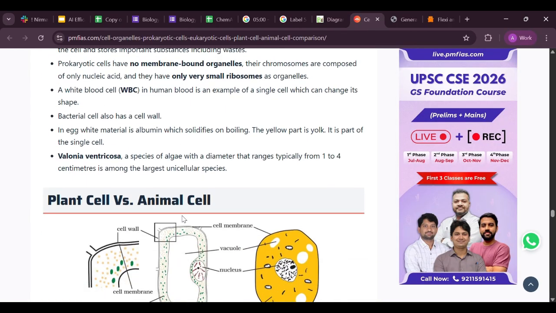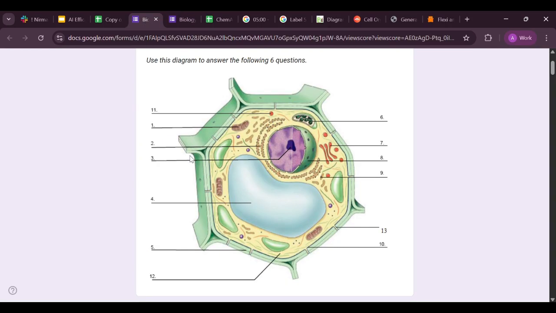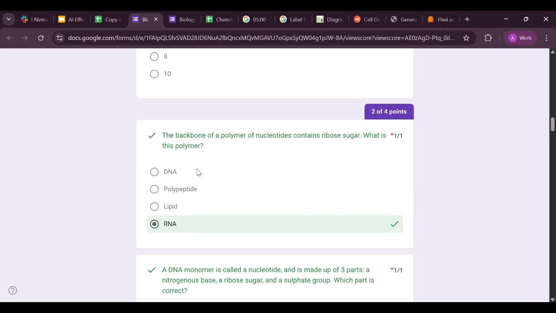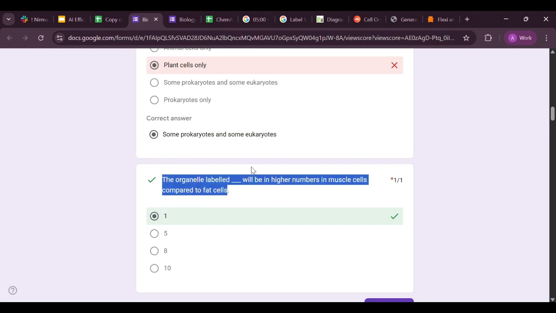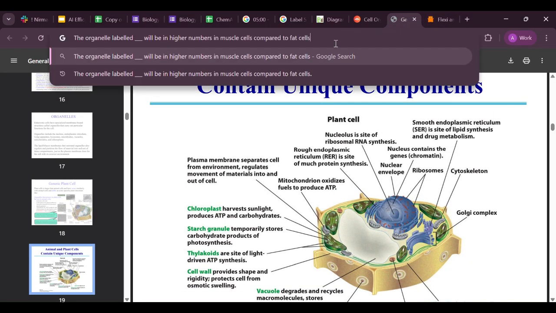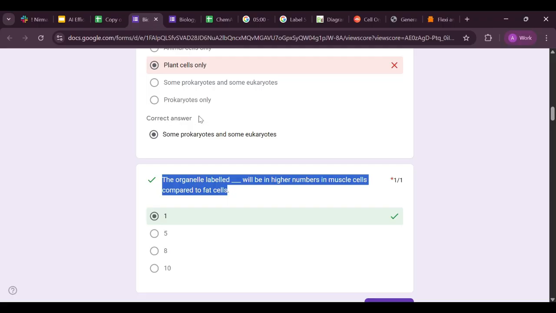Okay, we will search it on our own in Google. As we can see, it is mitochondria. Where is the question? Okay, what the exact spelling is, we will get it from here.